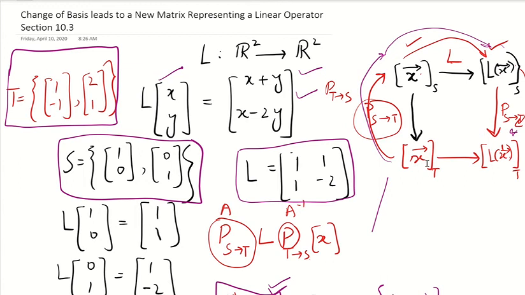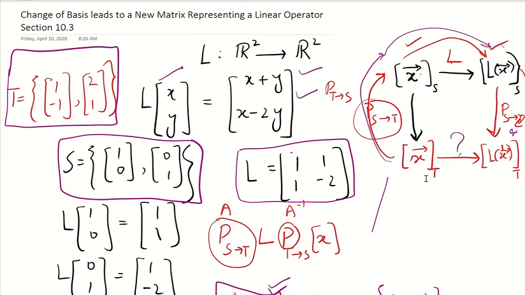So how do I find the relationship from here to here? To find this relationship directly, I need to go back into your space. I go from this x to your x, and your x then maps onto your L of x by using your L, and then I transform L of x back into this space.